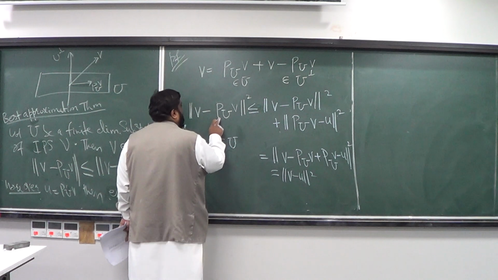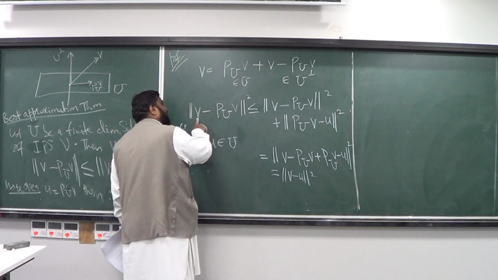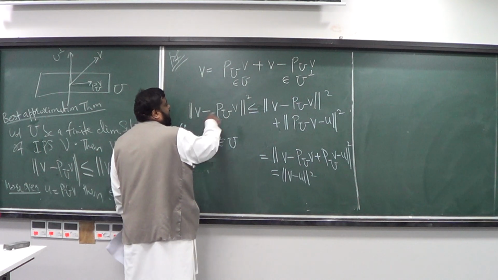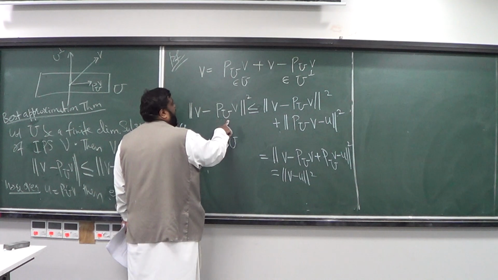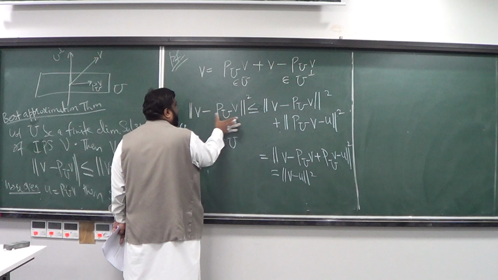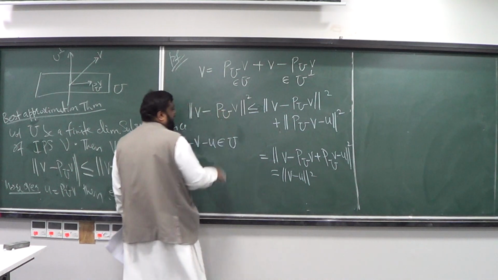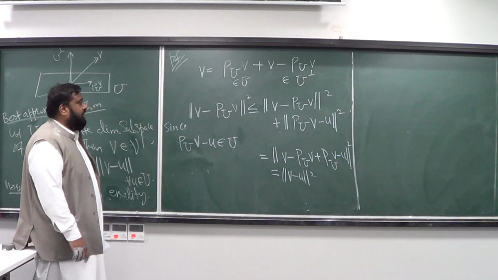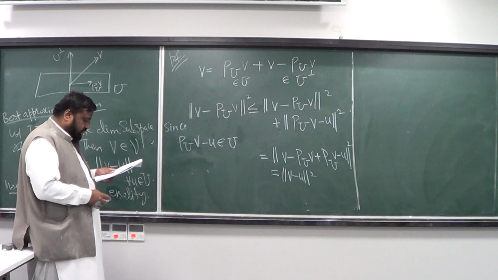Why is the orthogonal projection the best? Because it is the vector that is closest to V in the norm. For all other vectors in U, the norm of the difference is bigger than or equal to this difference. So this shows that you can treat P_U V as the orthogonal projection.